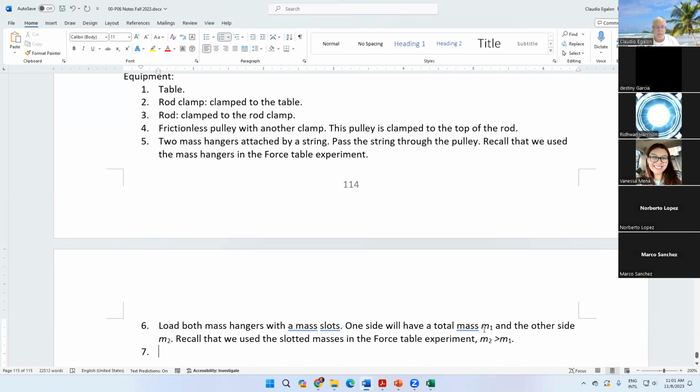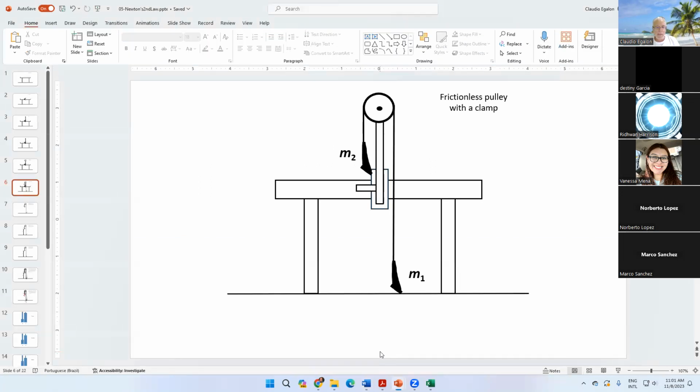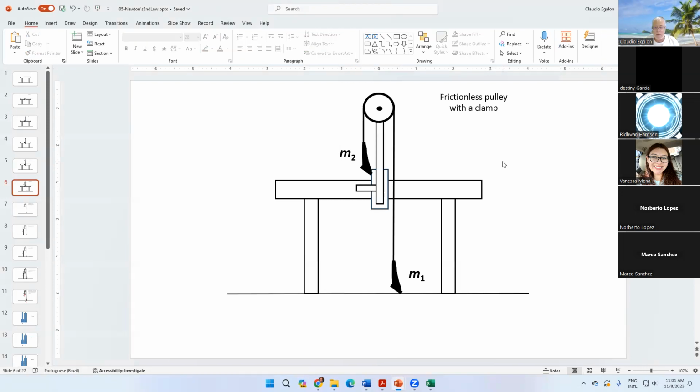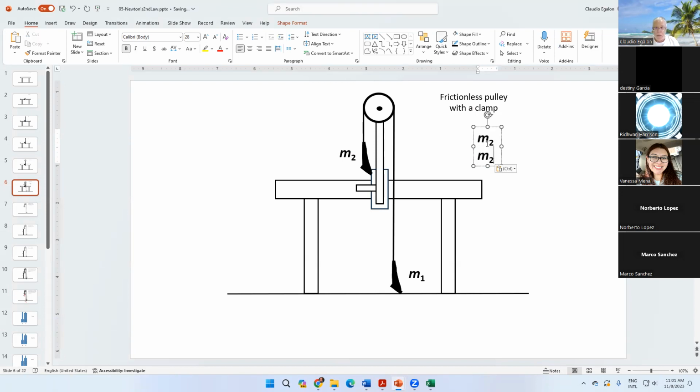M2 greater than M1. Okay, I put M2 higher than M1 on purpose because the system is going to accelerate in this direction, right? Let's write that down here. M2 greater than M1.